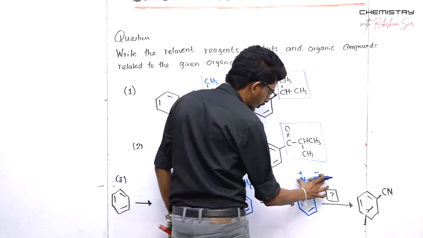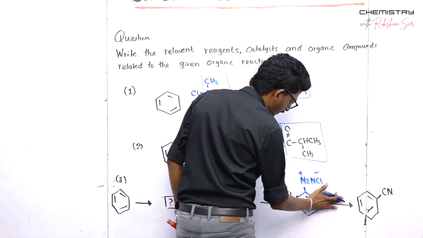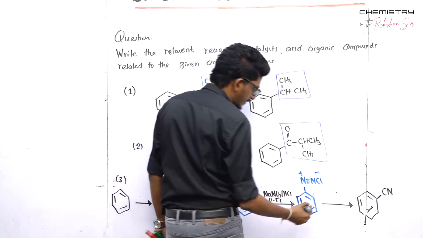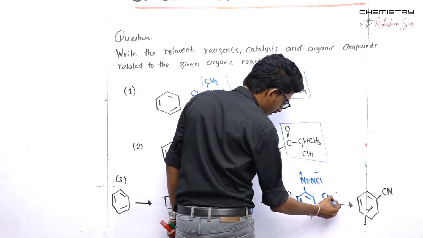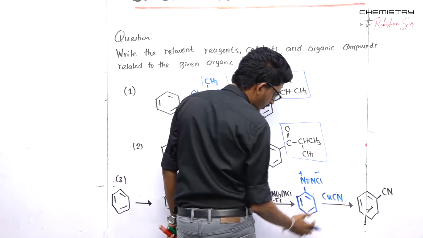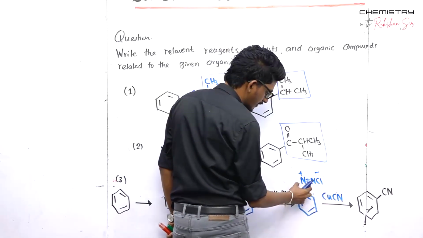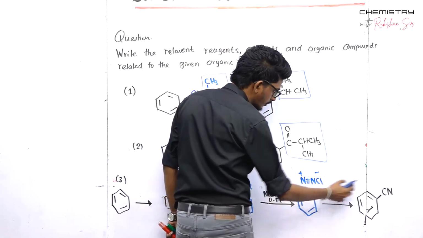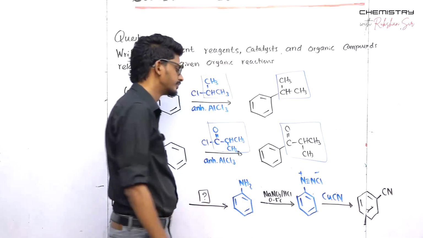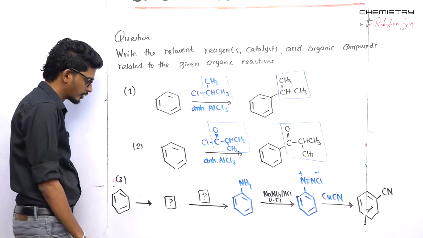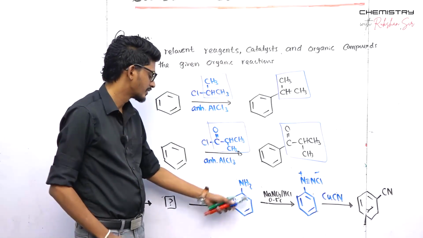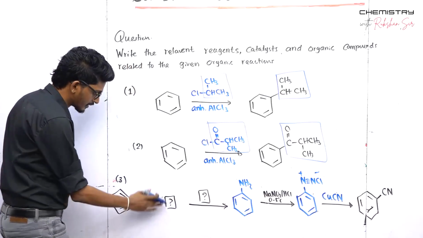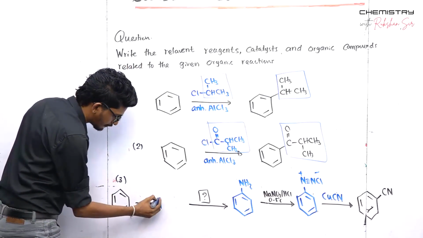So diazonium salts can be converted to cyanides by the Sandmeyer reaction. So just add CuCN. So the CN minus will connect with the carbon, leaving the N2. Here the NH2 is formed via nitration, via the fourth step.